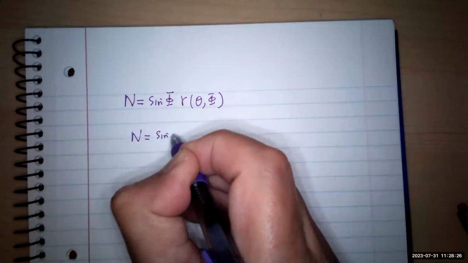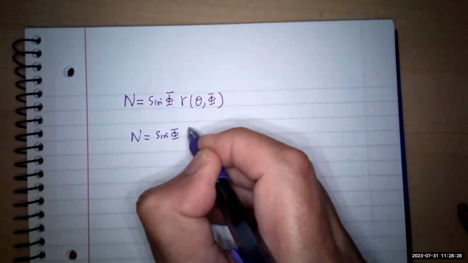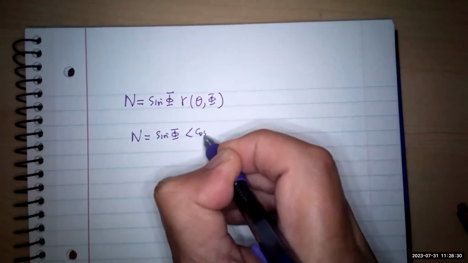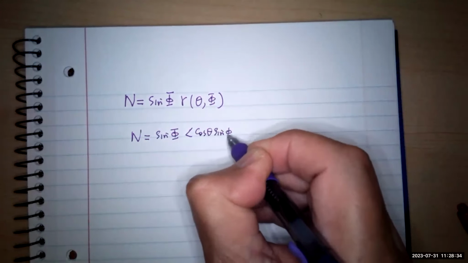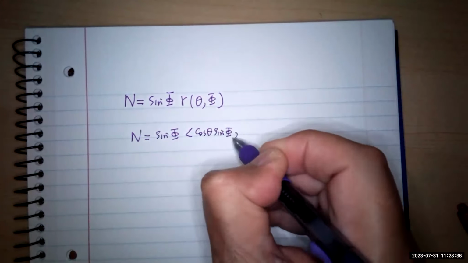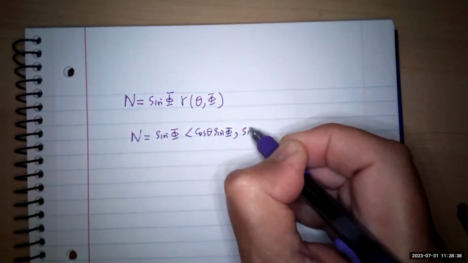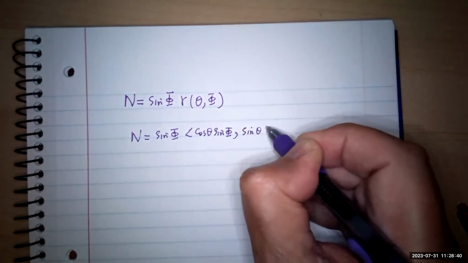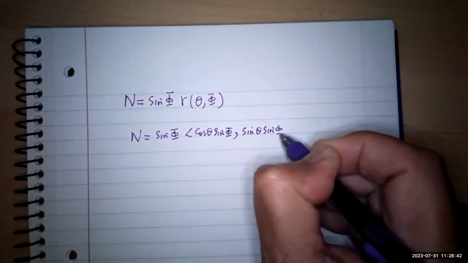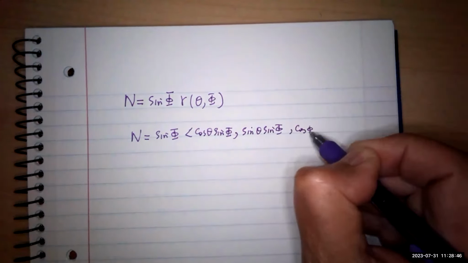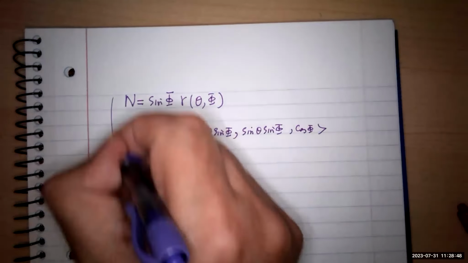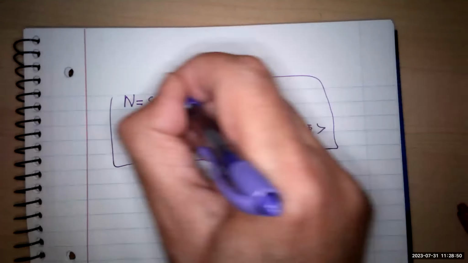You can bring it to the test, because it takes time and it's very popular in application problems. That would be sine of theta, sine of phi, and cosine of phi, whichever you are happy about memorizing.